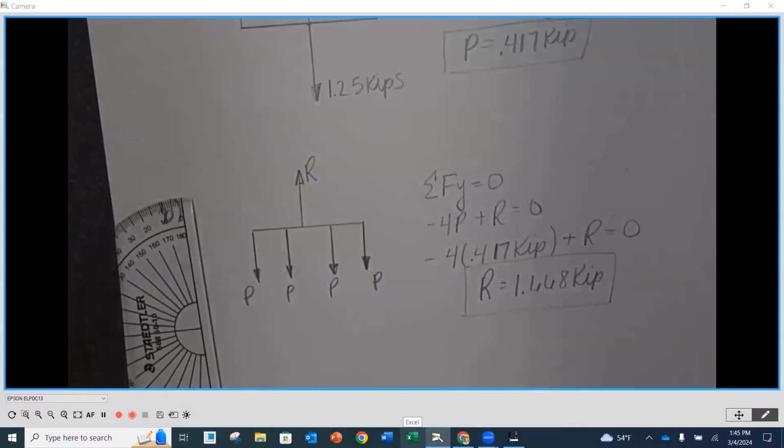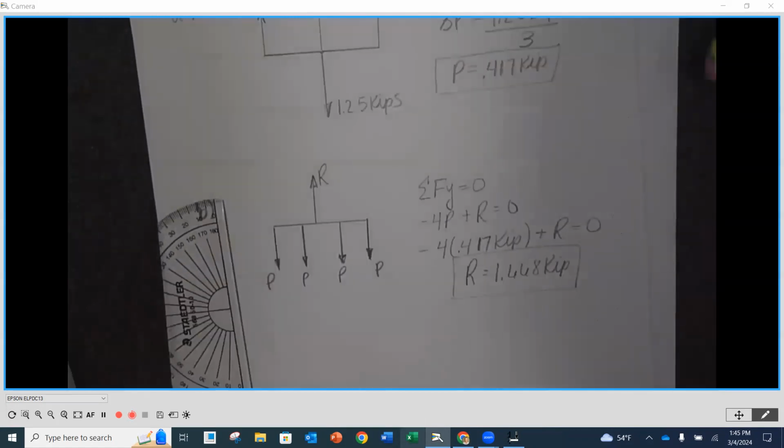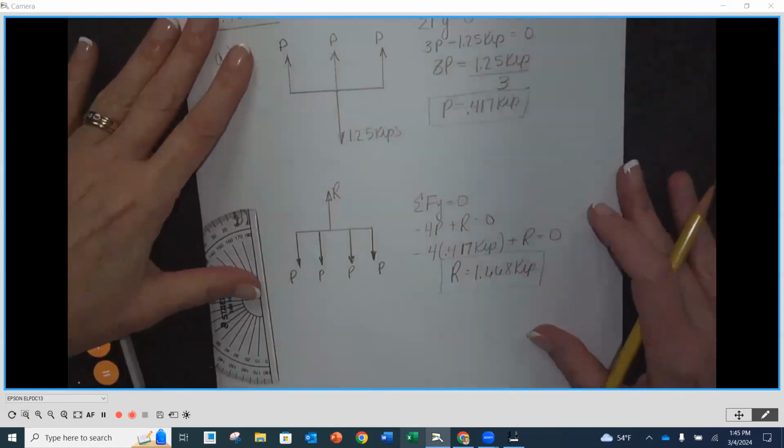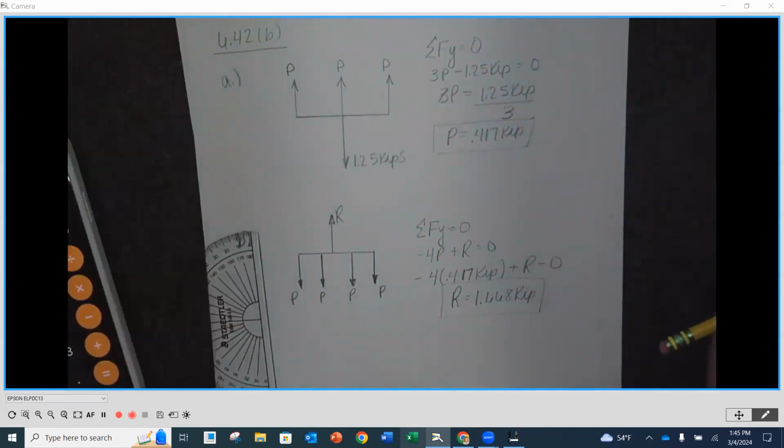Reaction is 1.668 kips, which is in agreement with the answer key as well. Okay. All right, any questions on that last pulley problem?